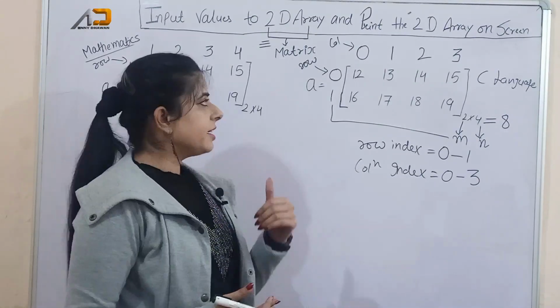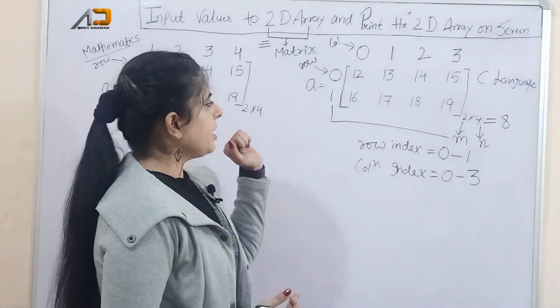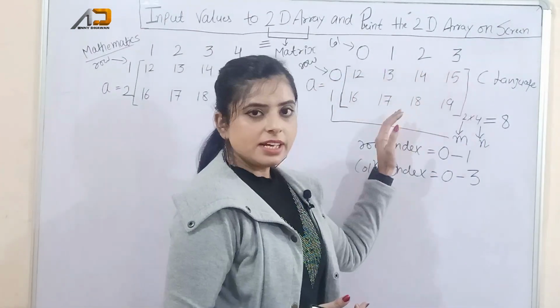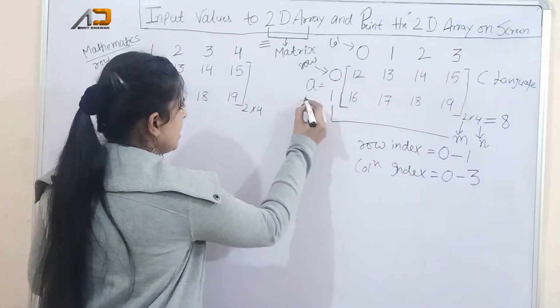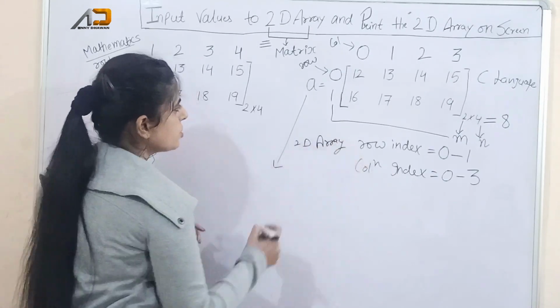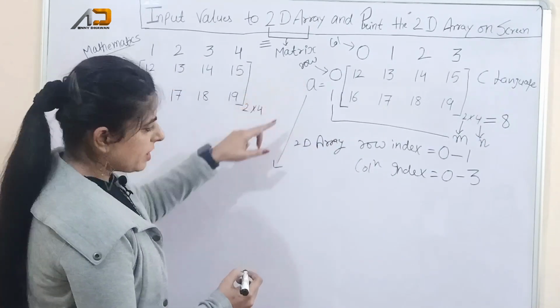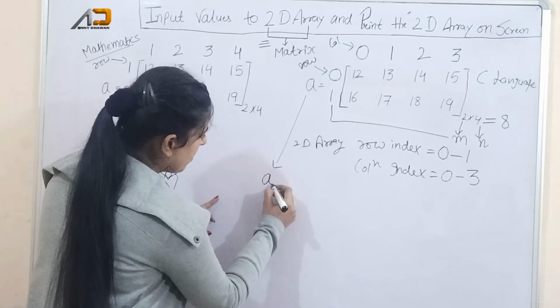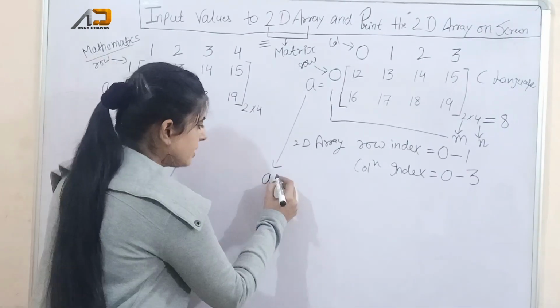Now let's understand what the identifier name would be to access matrix elements here, since A is a 2D array. The identifier name A will be followed by 2 subscripts.